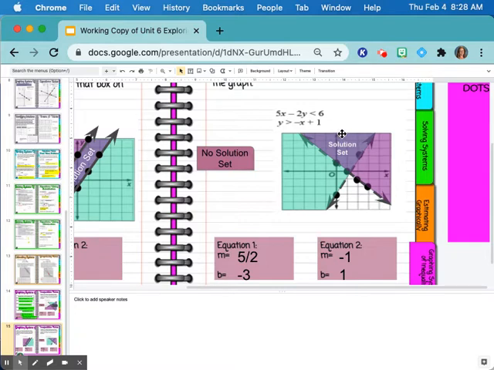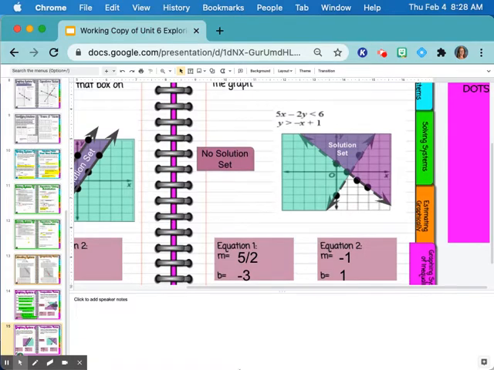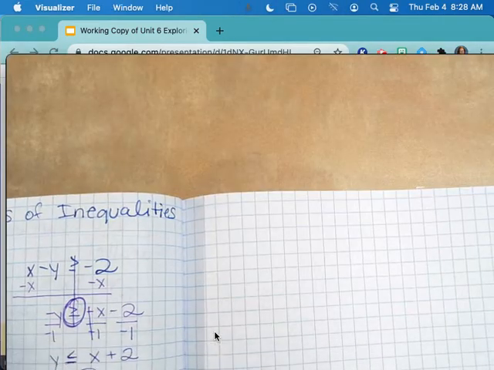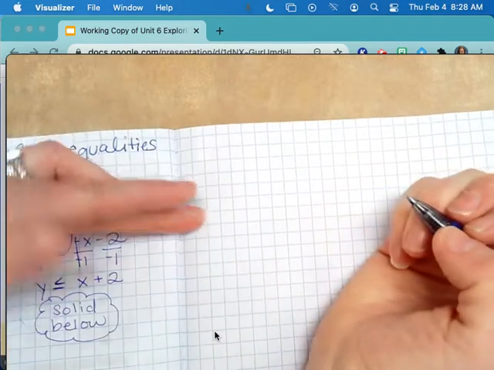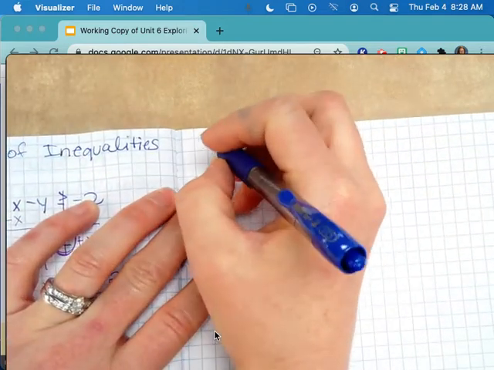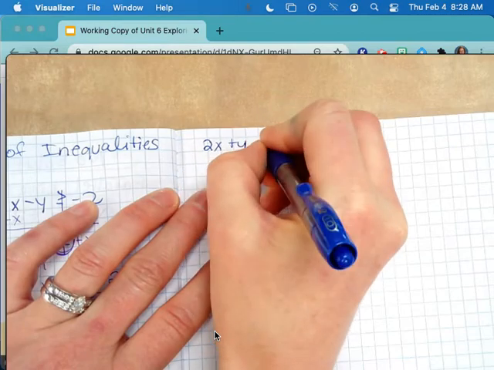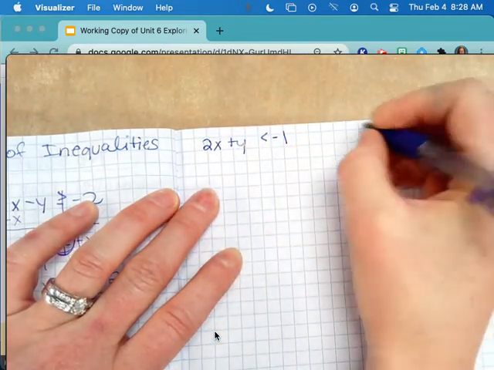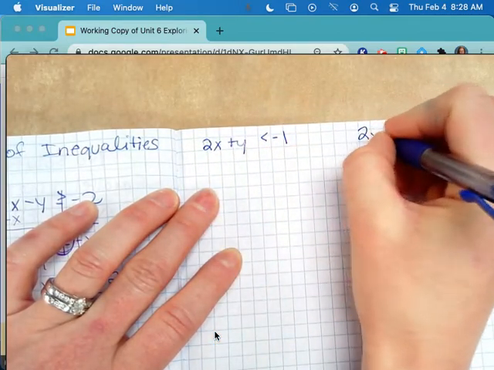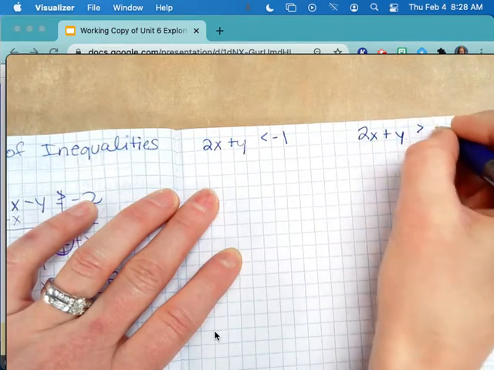All right, so in your journal, we're going to do one more. So let's see. This is going to be 2x plus y is less than -1, and 2x plus y is greater than 3.